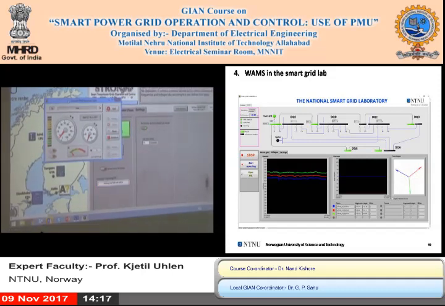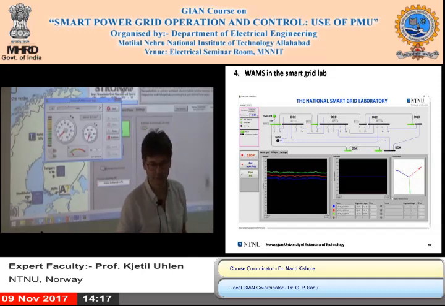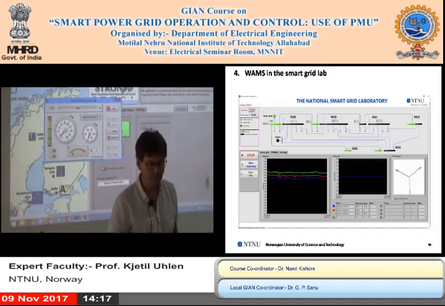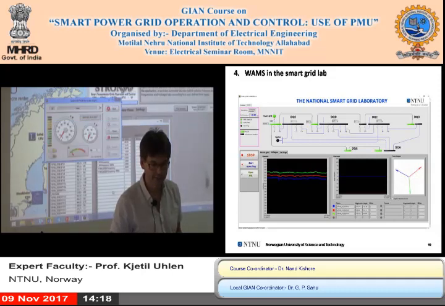Okay, this has a number of features. You have a configuration here for the IP address and the ports that you need to contact in order to get hold of the PMUs. I have already set that, so it's just setting the IP address, right? So you know that.